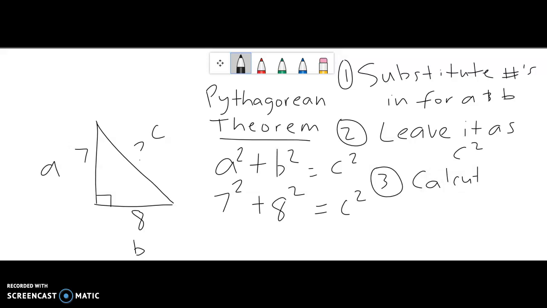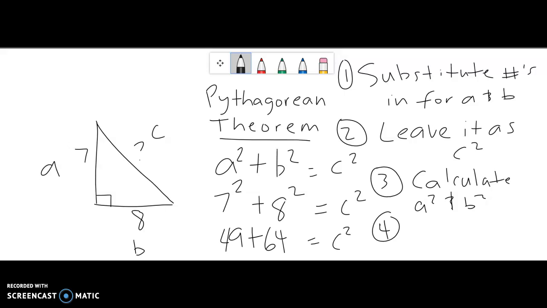Okay, calculate. Oh, excuse me. Let me write that out correctly. Calculate A squared and B squared. And what I mean by that is whatever number is in here, you need to actually calculate this and this. And remember, we went ahead and did that. And then the last thing, well, second to last thing, is you're going to add A squared and B squared answers.